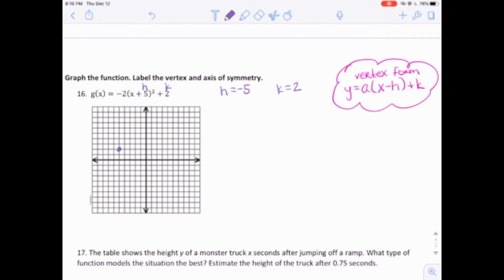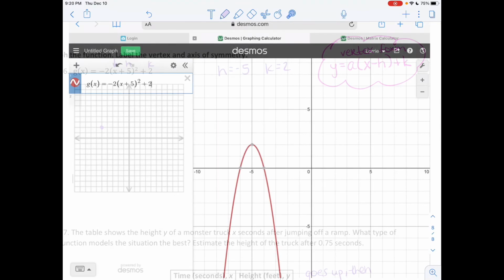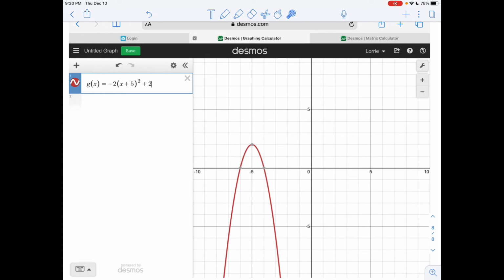I can also get more points on my graph by plugging in values for x right here. Since we just practiced graphing by hand a couple of problems ago, let's go ahead and do this one in Desmos.